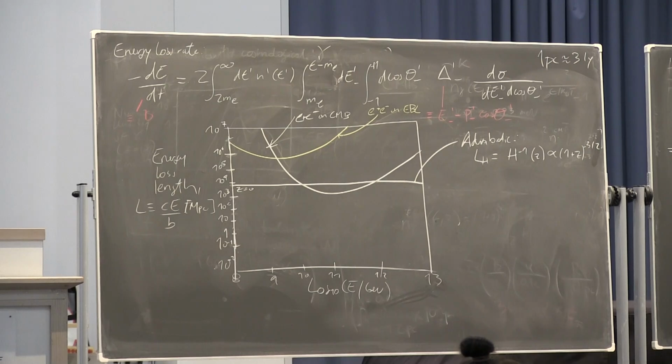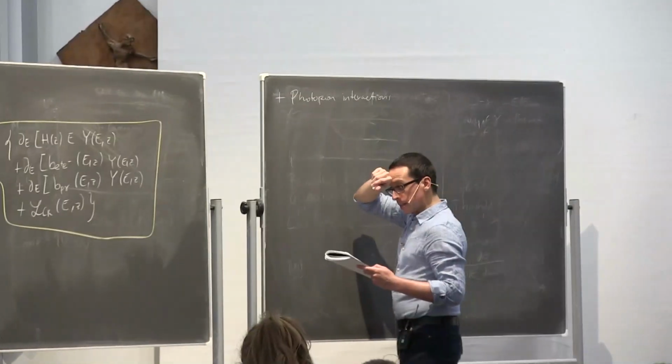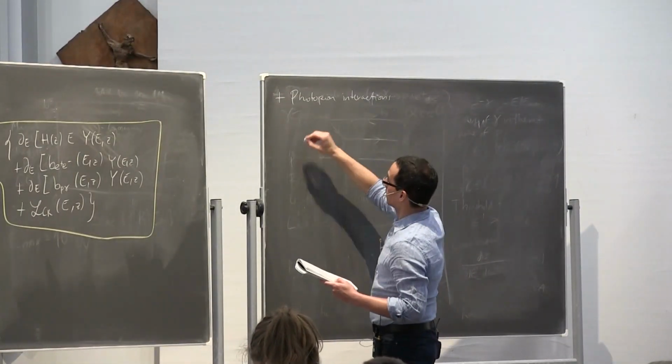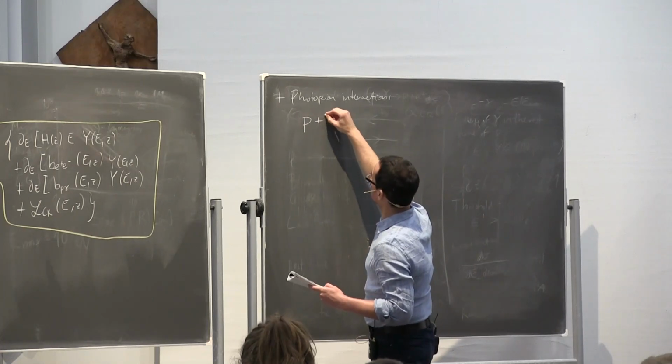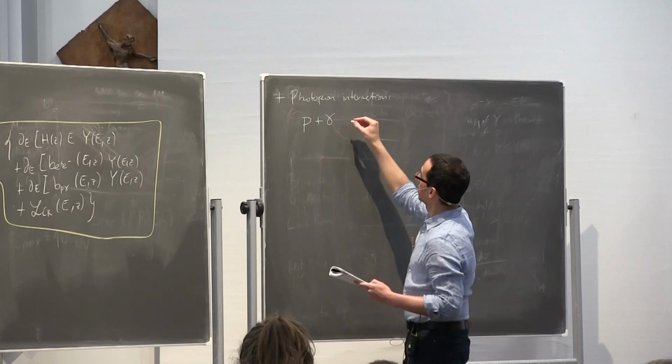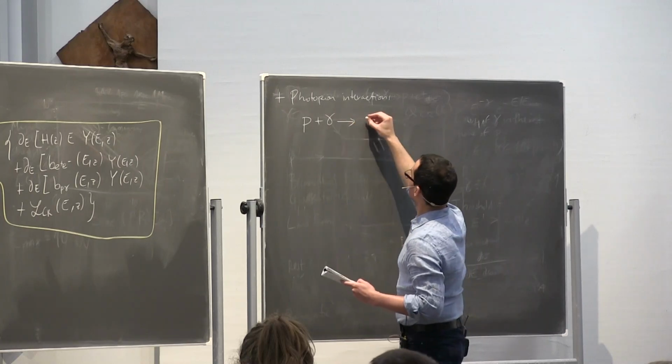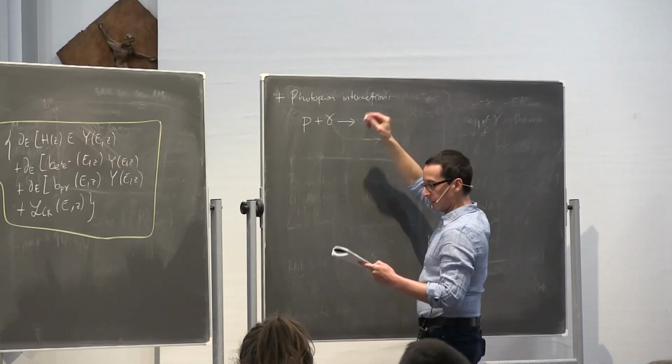But now let's look at inelastic energy losses, the ones that make the protons disappear. And I call this initially photopion interactions, also called photohadronic interactions in general. And that should harken back to what I said at the very, very beginning, the first lecture. So you have proton plus photon interactions will give you typically a delta resonance.